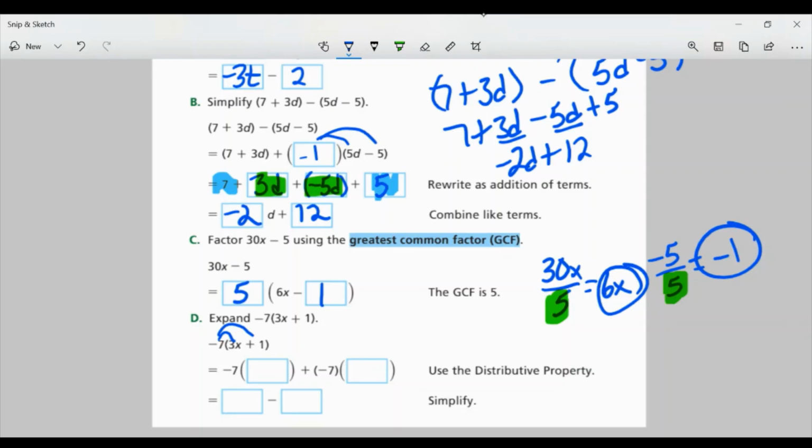So I have negative 7 times 3x plus negative 7 times 1. Okay? Now when I multiply negative 7 times 3x, I will get negative 21x. Negative 7 times 1 gives me negative 7. So it would be minus 7 since they already have the minus sign there. Okay? So expanding is just doing the opposite of factoring, and vice versa.